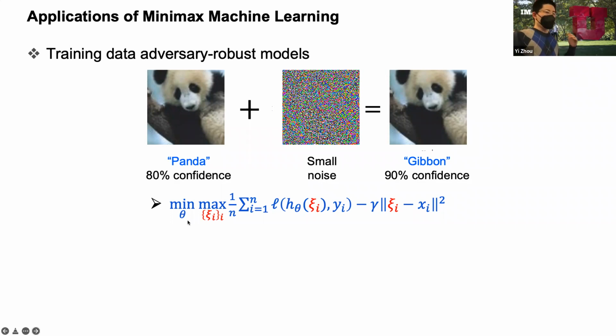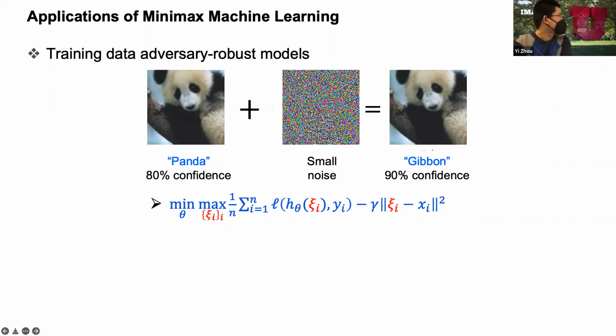The minimization part is as standard as conventional machine learning, and what is important here is the maximization part. We introduce some adversarial data samples, and we want to find these adversarial data samples by maximizing the classification loss.